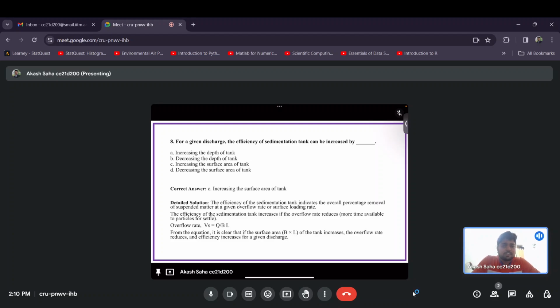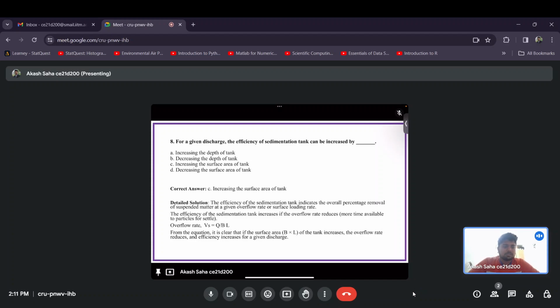Now, the efficiency will increase if the overflow rate reduces. What does a reduced overflow rate mean? It means that you are giving more time to the particles to settle down. So obviously, if more time is given to the particles, more settling can happen.